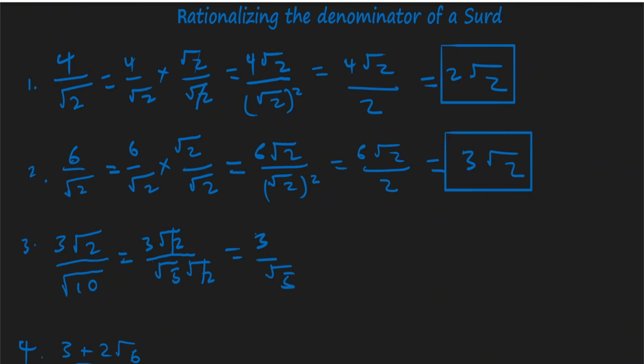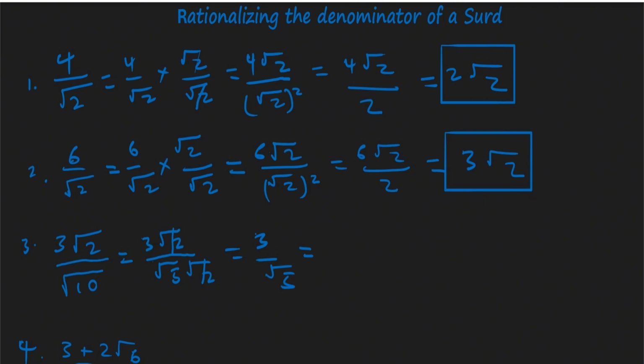Now have a look at something. What we have here is the same as question number 1. So we can move on as we did at number 1. Right now we know the denominator is root 5.